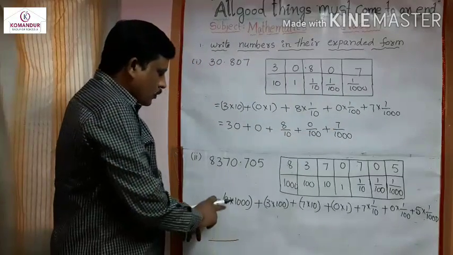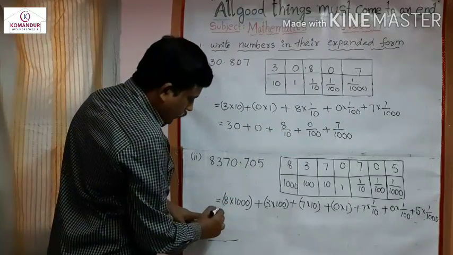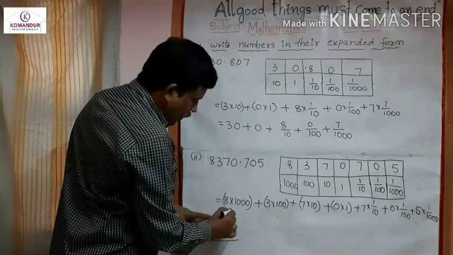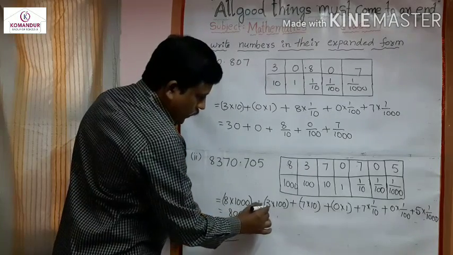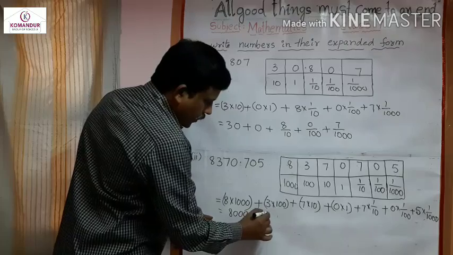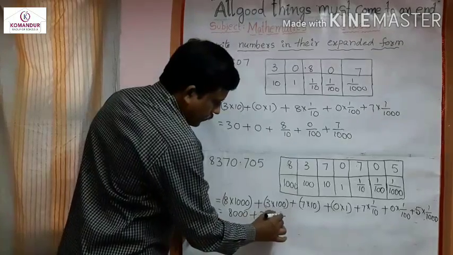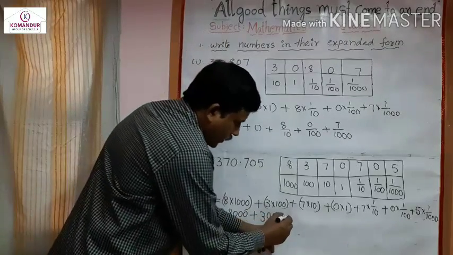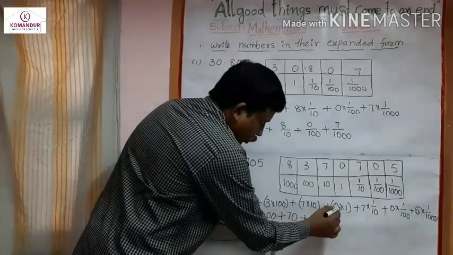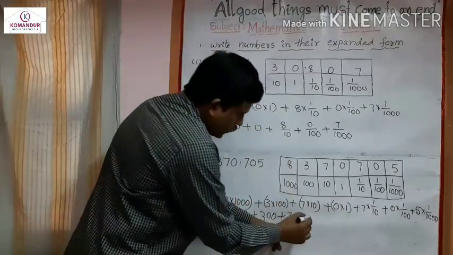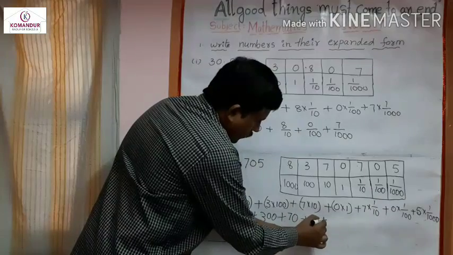So 8 into 1000 is 8000, plus 3 into 100 is 300, plus 7 into 10 is 70, plus 0 into anything is 0.